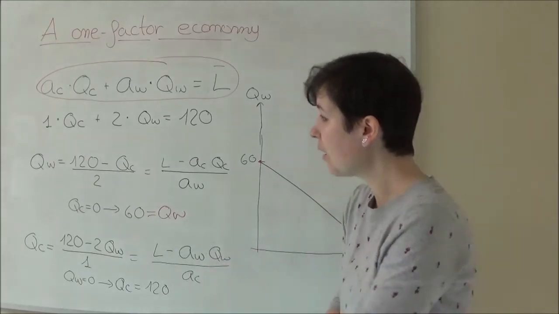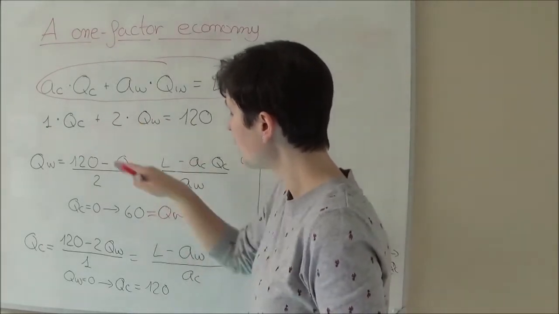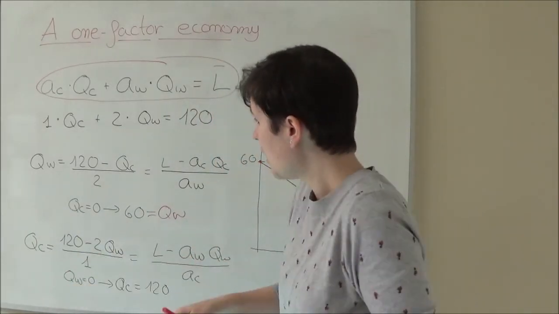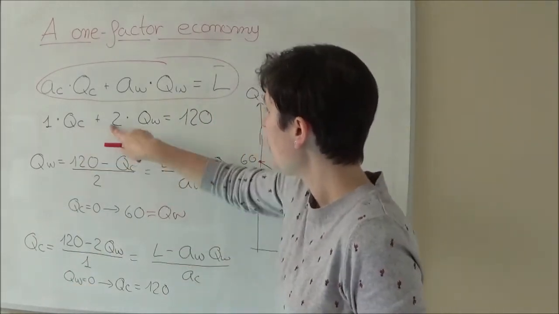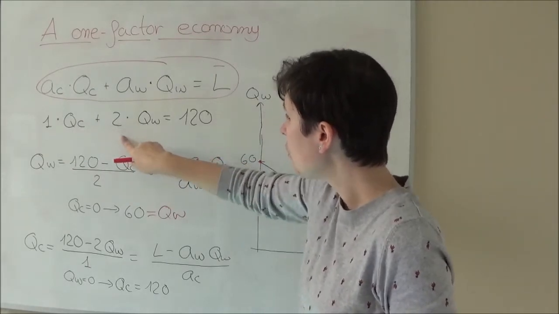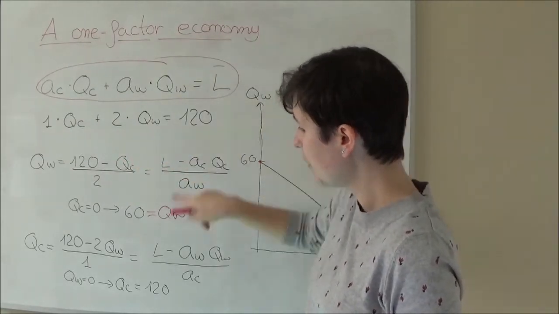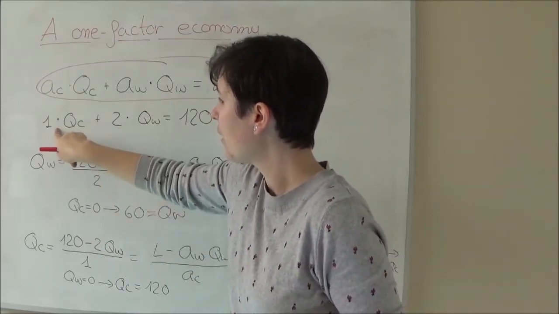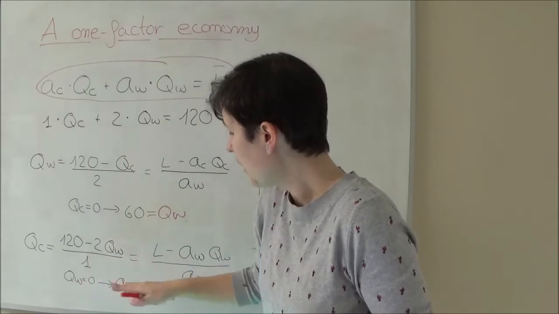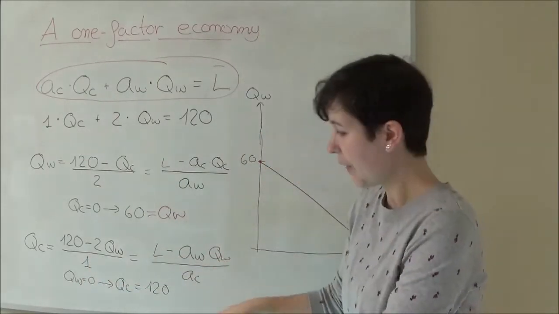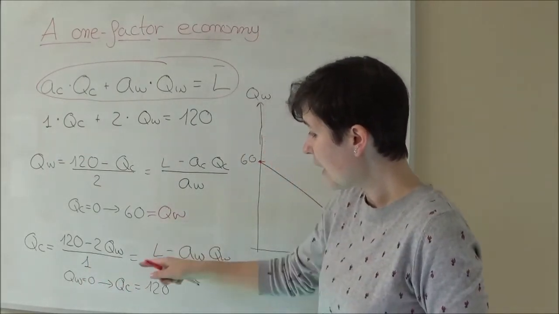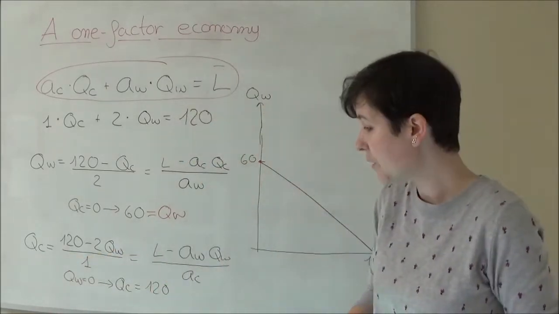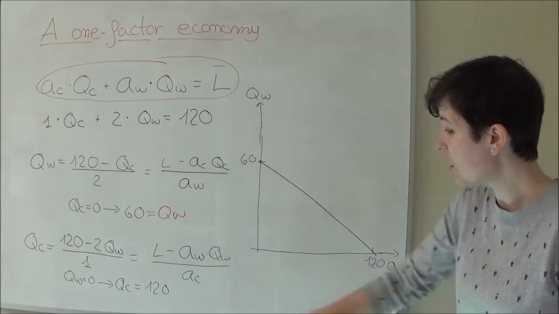And vice versa. Now let's take a look at the same expression, but now isolating in terms of quantity of cheese. So here's cheese, this which is with a positive sign goes to the other side with a negative, that's why we have this value here, and this which is multiplying is now dividing here. This is just with letters, but it's the same thing. So now we can say if the quantity of wine is 0, I know the quantity of cheese is 120.